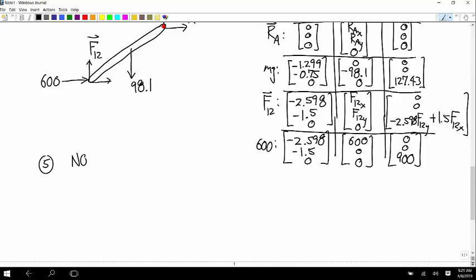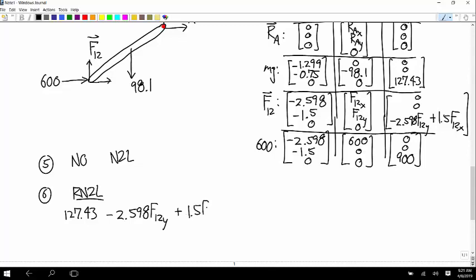This has a fixed point, so no Newton's second law. Rotational equation says, so I'm just going to use the z components here. 127.43 minus 2.598 F12Y plus 1.5 F12X plus 900 is equal to the mass moment of inertia, 30, times alpha 1.